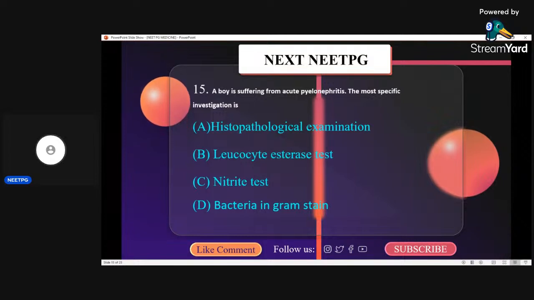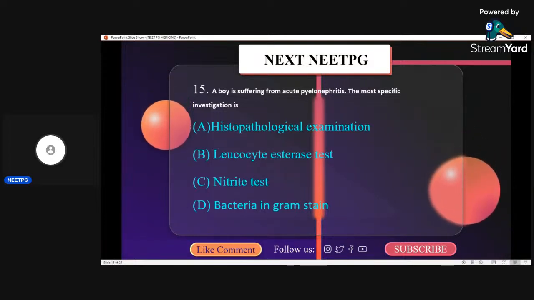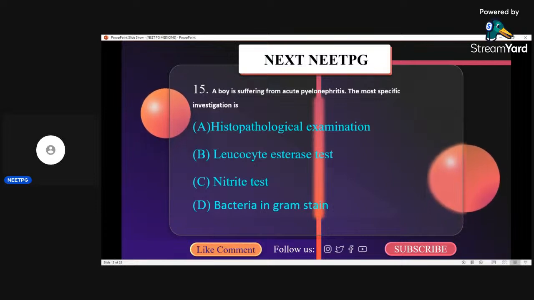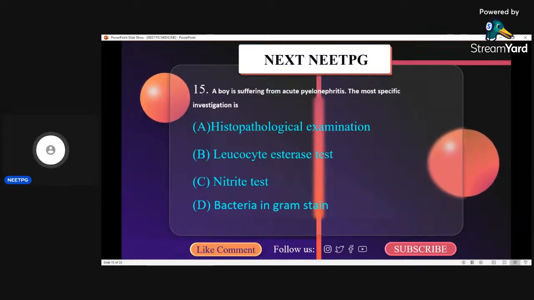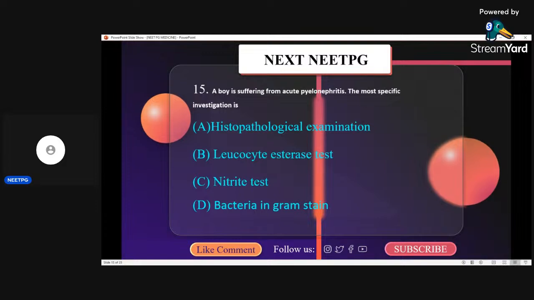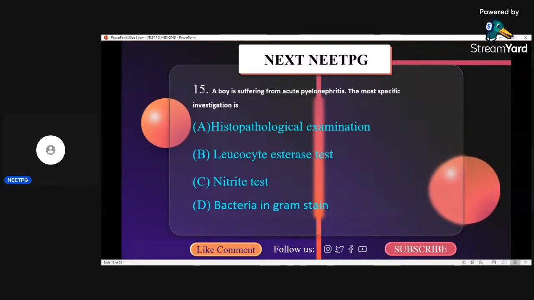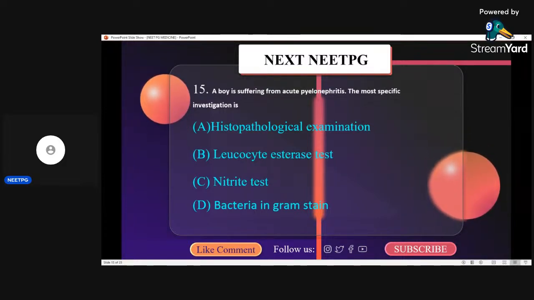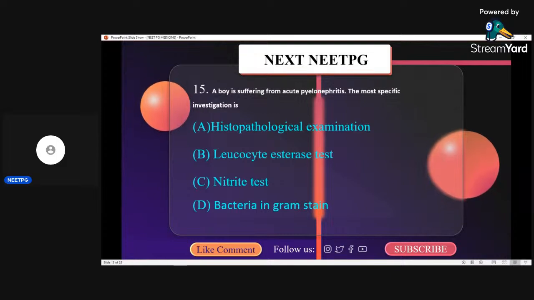Acute pyelonephritis is a bacterial infection causing inflammation of kidney. So the correct option here is A. Histopathological examination.